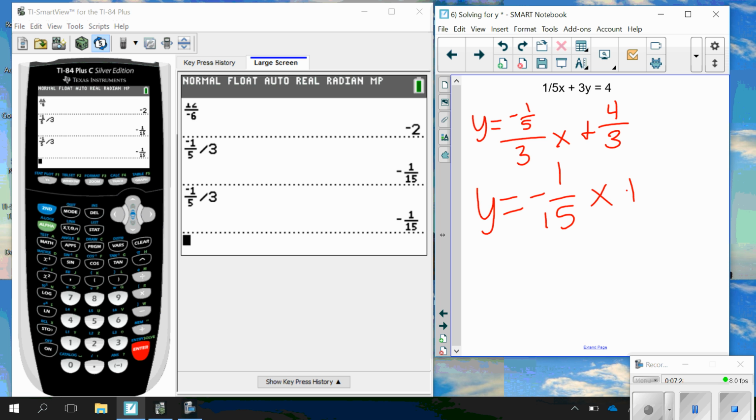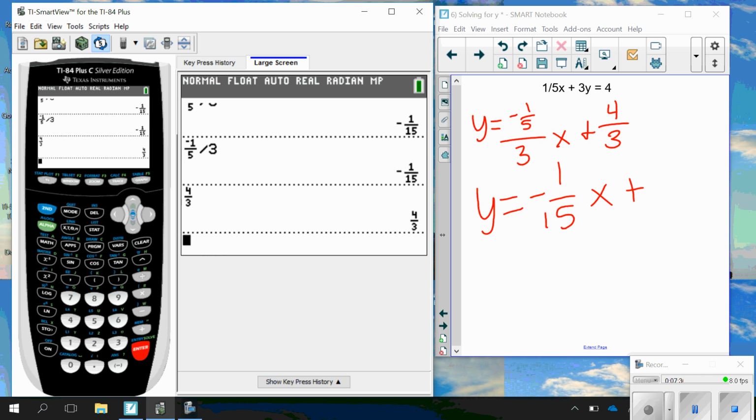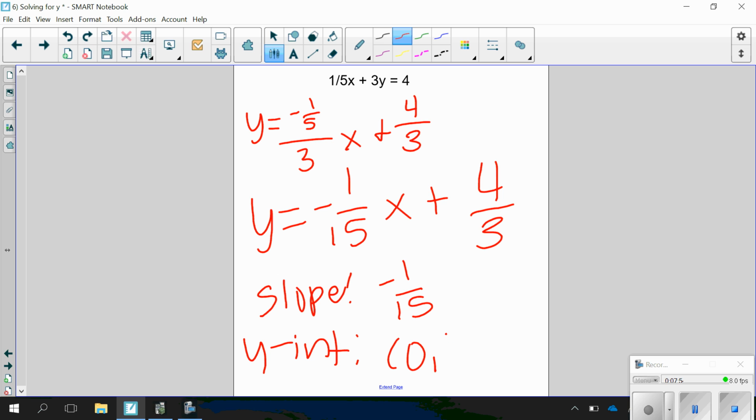And then I go ahead and type in 4/3. Now notice this one comes out exactly as 4/3. That just means that it can't be simplified. So my slope is negative 1/15 and my y-intercept is 4/3.